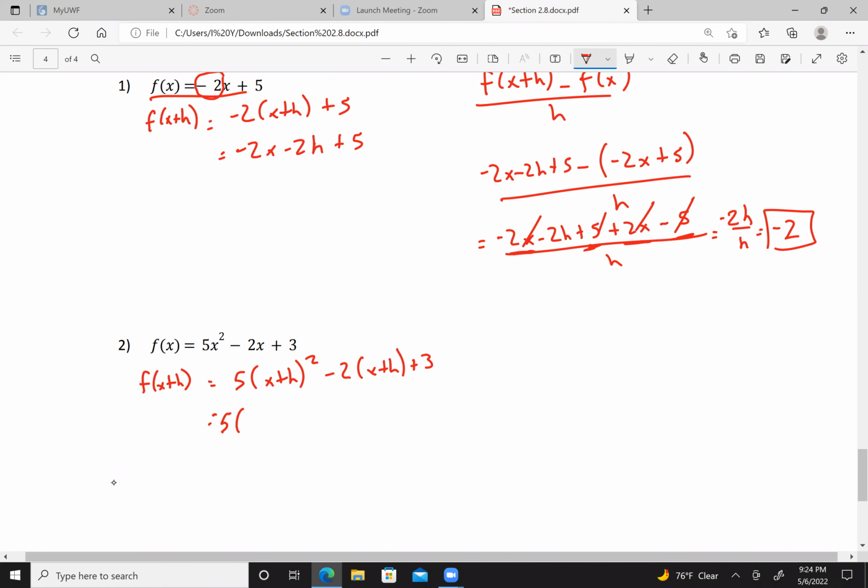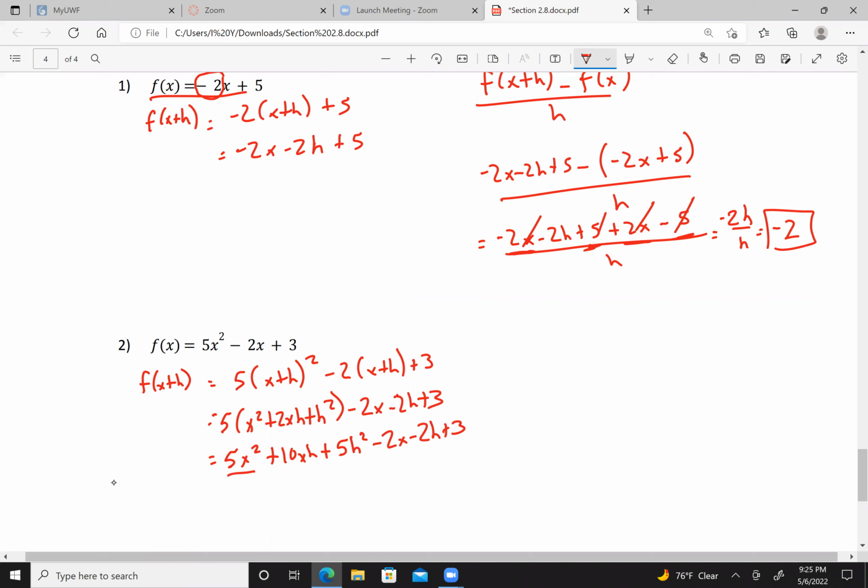And 5 times x squared plus 2xh plus h squared minus 2x minus 2h plus 3. So we have 5x squared plus 10xh plus 5h squared minus 2x minus 2h plus 3.